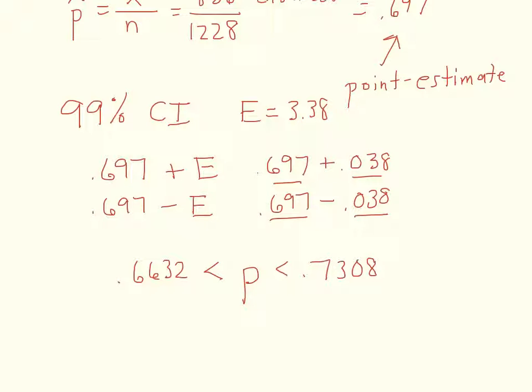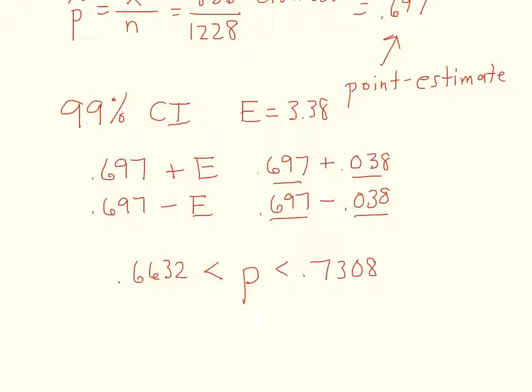So the last part of this problem says, does it appear that the majority of such suits are dropped or dismissed? Well, what does it take for it to be a majority? For it to be a majority, we need to say that more than 50% of the lawsuits are dismissed or dropped.